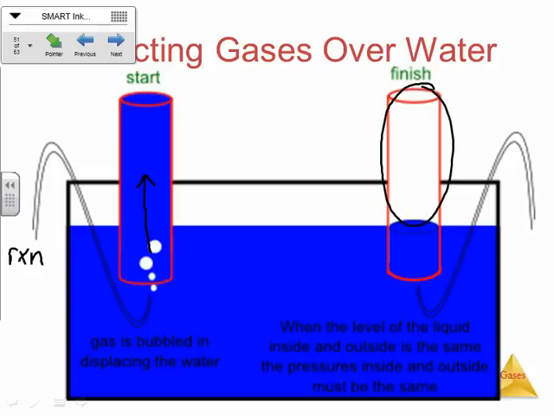When you get the liquid level equal in the water bath and in the test tube, then the pressure in here is equal to the atmospheric pressure outside, okay? The water levels have to be equal in order for that to occur, okay? And so once you have that, then you can do this calculation, okay?